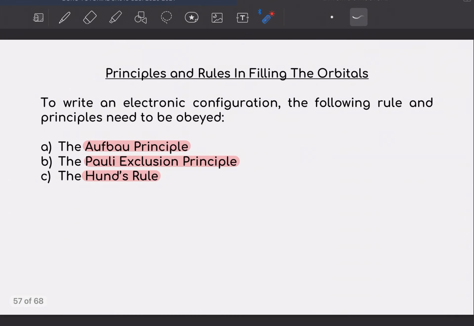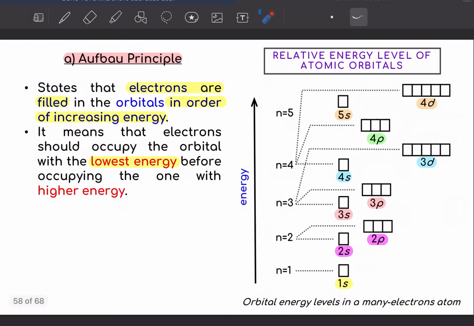Right, so there are principles and rules that you have to obey and follow in order to write your electronic configuration. They are the Aufbau principle, Pauli exclusion principle, and Hund's rule. So let's go to the Aufbau principle first. These are actually simple rules.